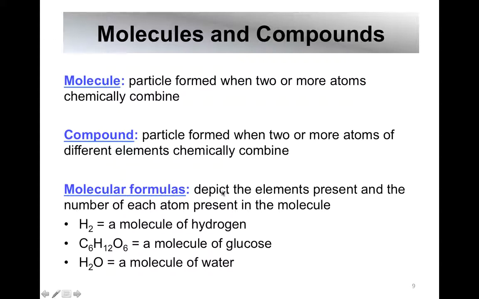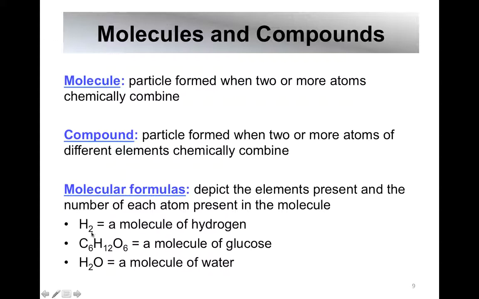Molecular formulas are how we show which elements are present in a molecule or a compound. So for example, H2 is a molecule of hydrogen. C6H12O6 is a molecule of glucose.